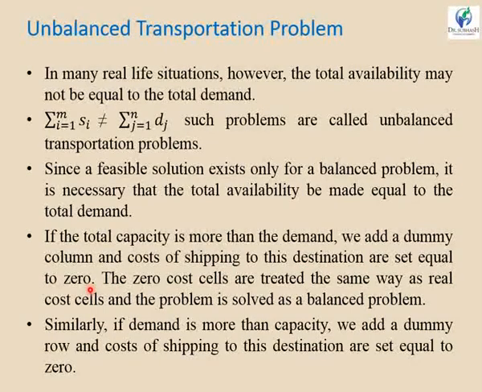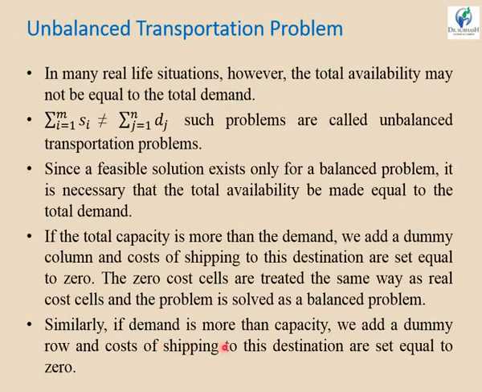So if the total capacity is more than the demand, then to convert that problem into a balanced problem one needs to add a dummy column, and the values of all the cells will be set equal to 0. So these costs are treated as real cost cells and the problem is solved as a balanced problem. All the cells in that dummy column will be assigned the value of 0.